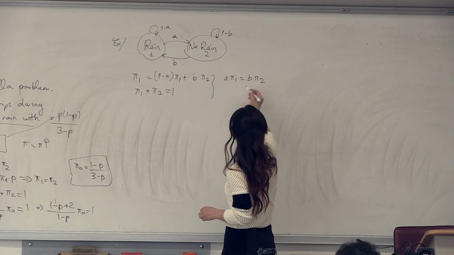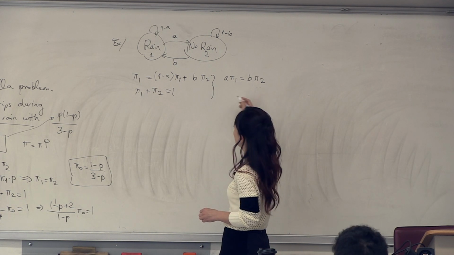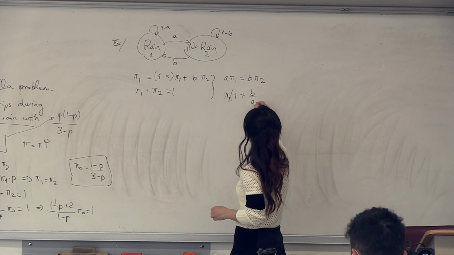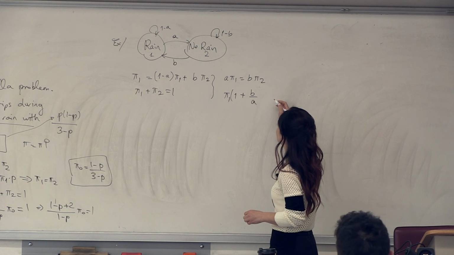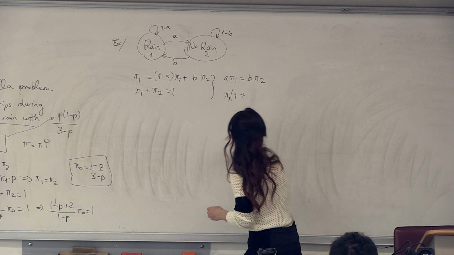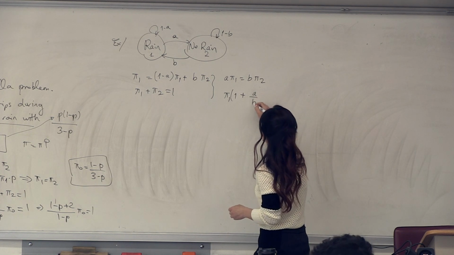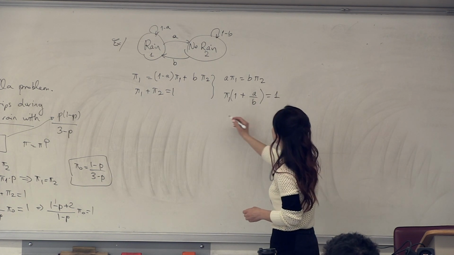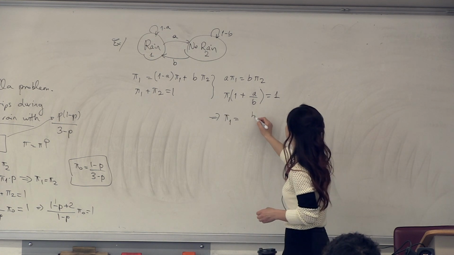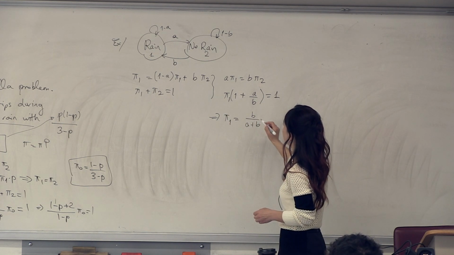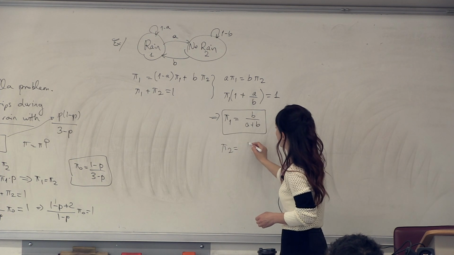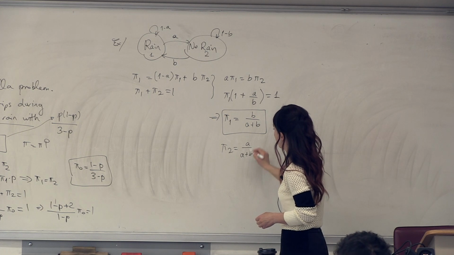So pi 1 is B over A times pi 2. So from here, pi 1 is equal to B over (A plus B), and pi 2 is equal to A over (A plus B).